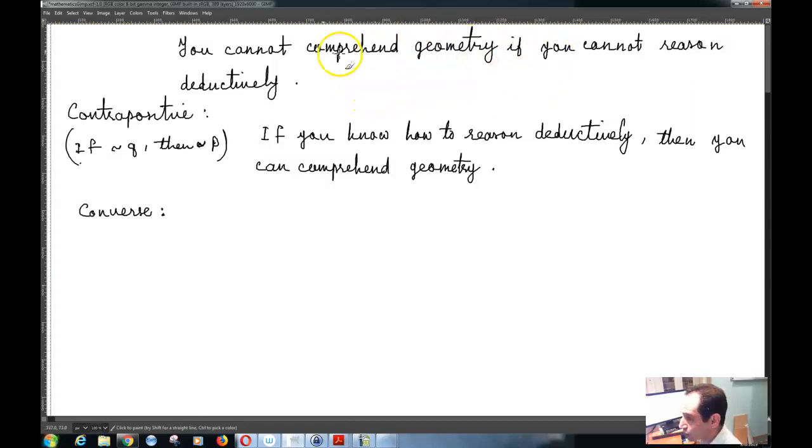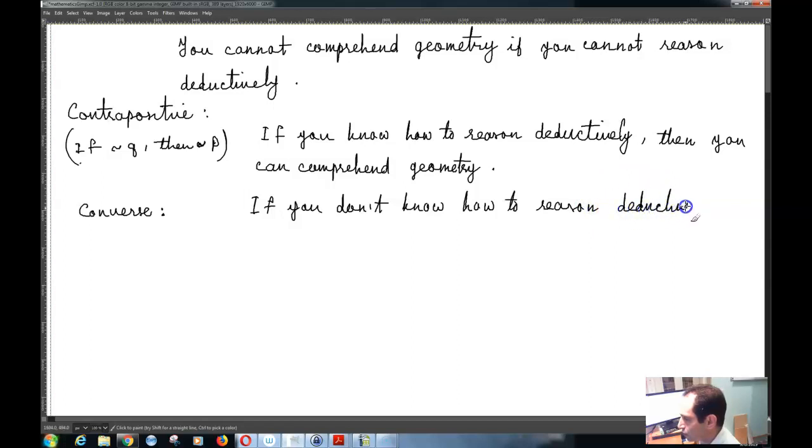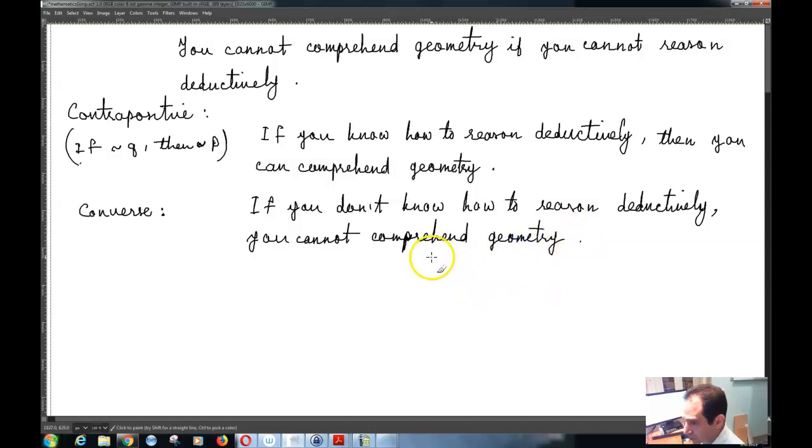If you don't know how to reason deductively, then you cannot comprehend geometry. Okay, so that is that.